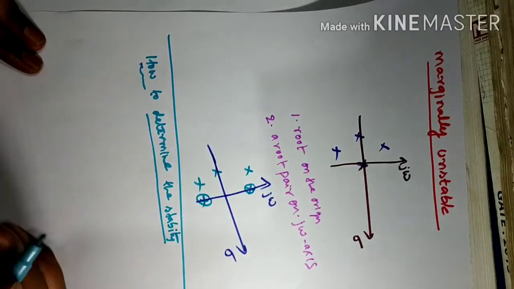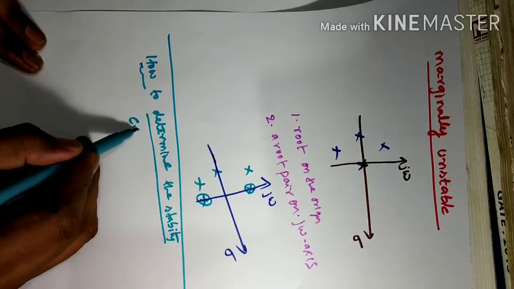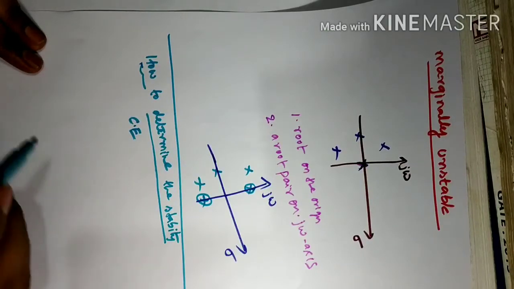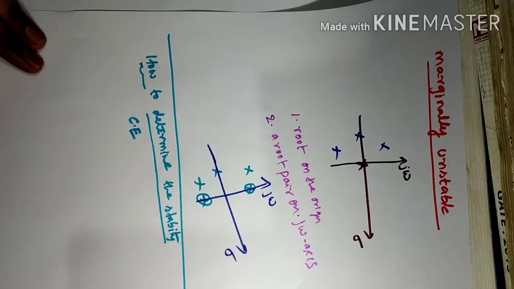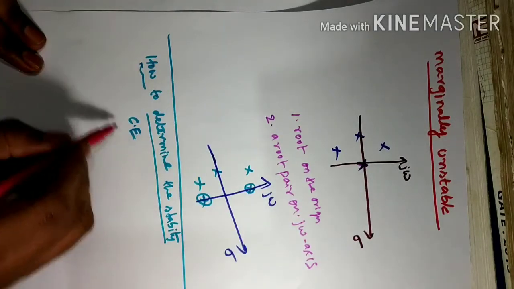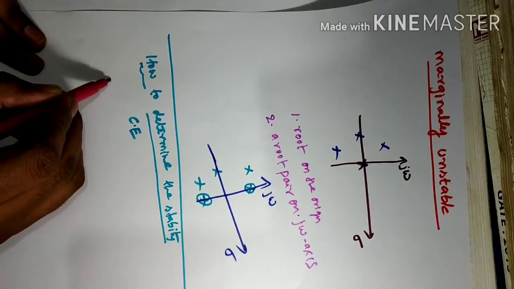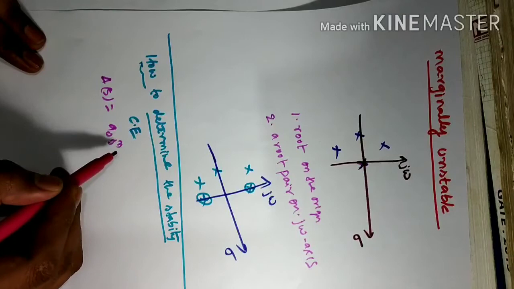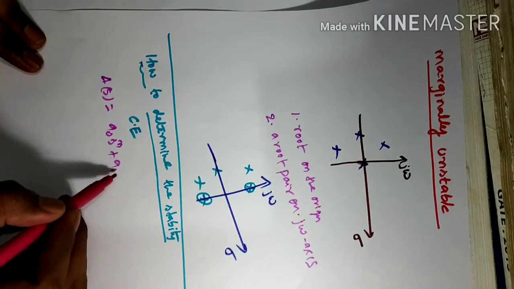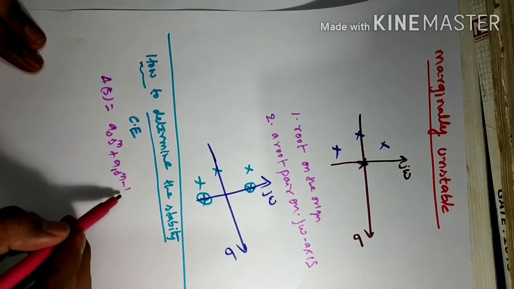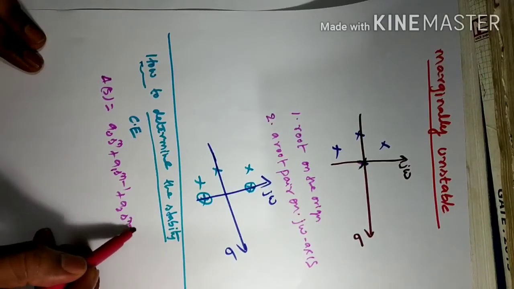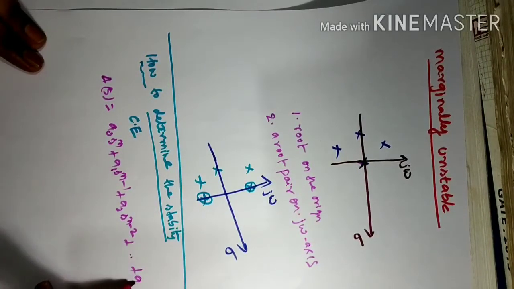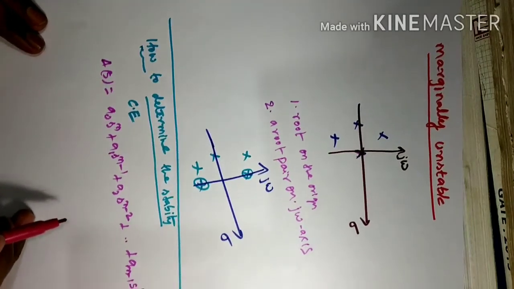In general, we have the characteristic equation. That characteristic equation can be written as delta of S equal to a naught S power n plus a1 S power n minus 1 plus a2 S power n minus 2, and so on, plus a n minus 1 S plus an equal to 0.